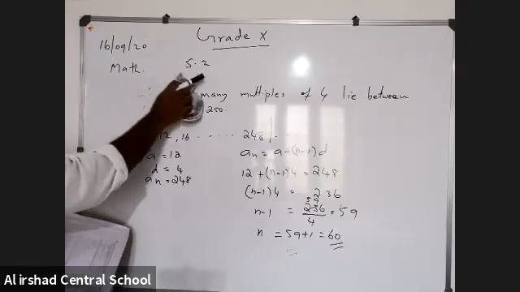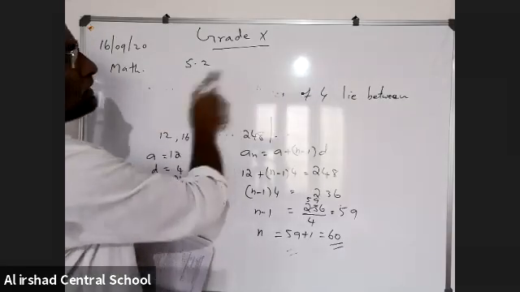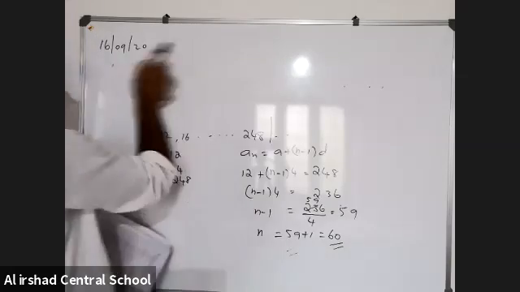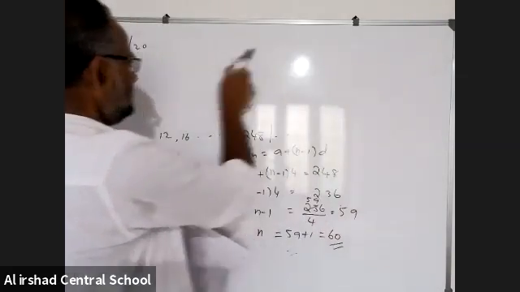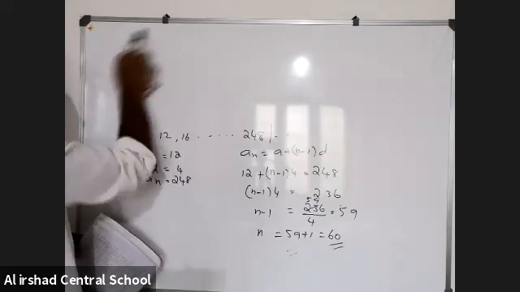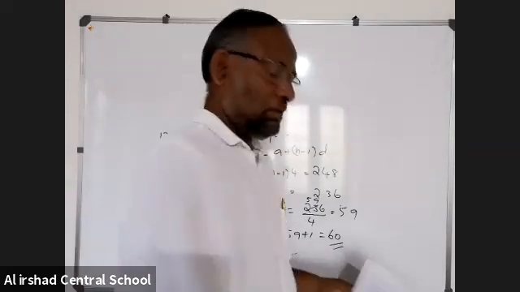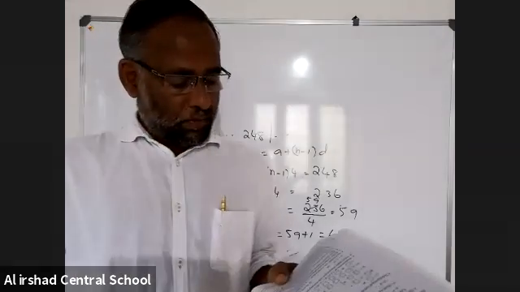I think I gave you homework. Homework not done? Then why didn't you do it? We did, sir. Okay, you did that. How many people have not done it? Did you get the answer? N is equal to?